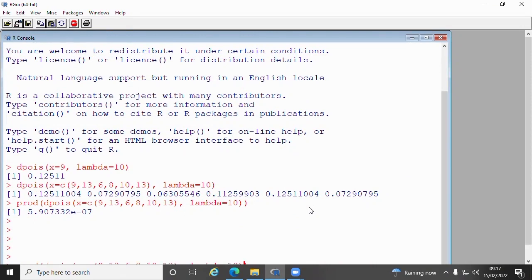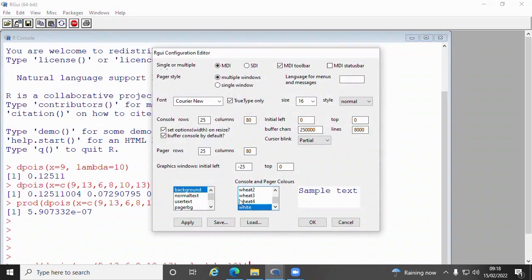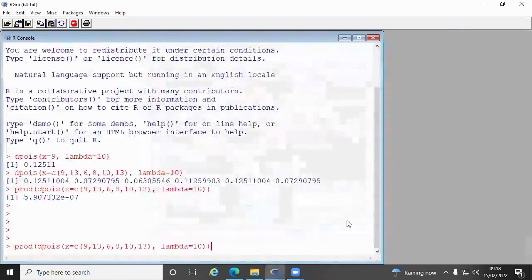And of course, if you want to, maybe I use a smaller font because the screen is not large enough. Okay. So if we want to calculate the probability for another lambda, like lambda equal to 12, we just change it into 12.